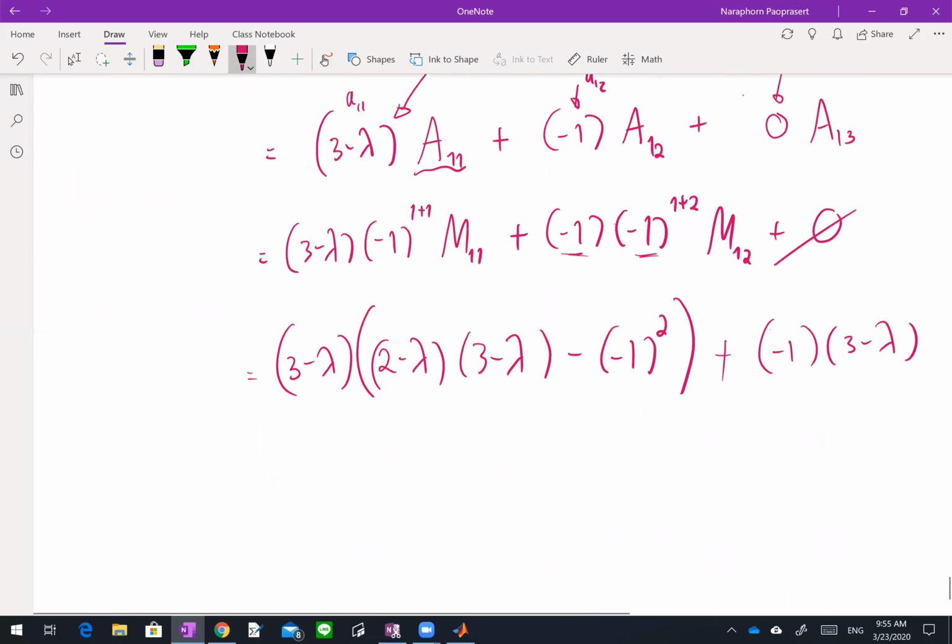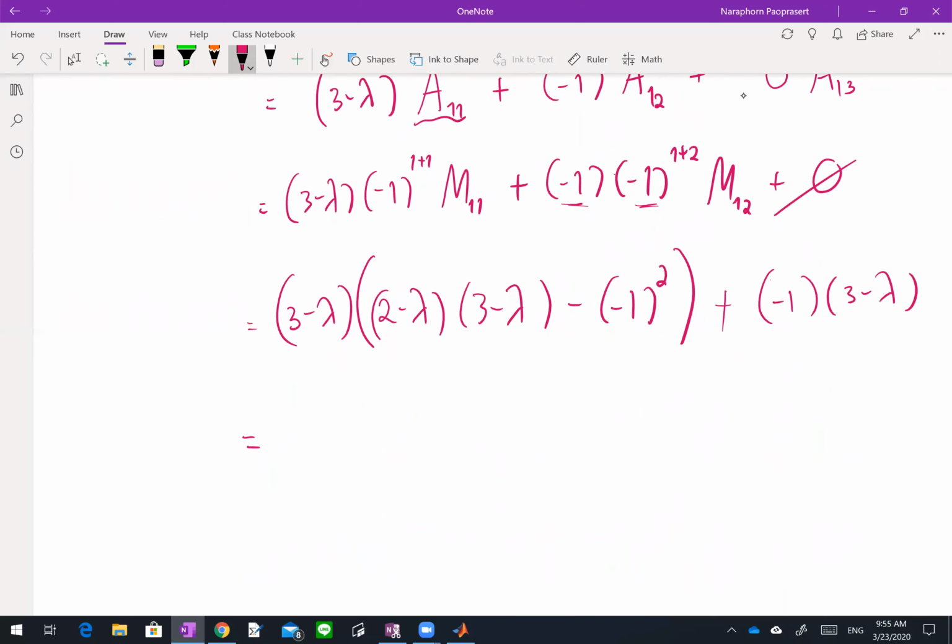Okay, all right, so let's just do the math here. I can just wrap things up. If you want to do it on your own, you can pause here and do it. But since I want to skip it, it's 18 minus 15 lambda plus 3 lambda squared, minus 3 minus 6 lambda plus 5 lambda squared minus lambda cubed plus lambda, minus 3 plus lambda.